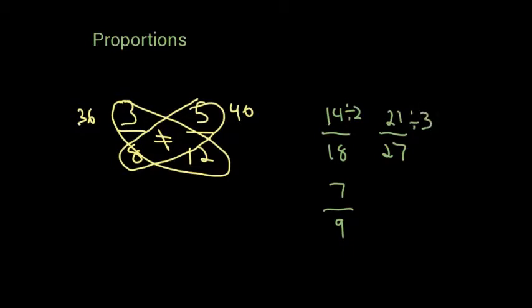So 3 goes into 21 7 times, and 3 goes into 27 9 times. And I can see that those are equal, so that does form a proportion. Now, just to prove the cross multiplication, 9 times 7 is 63, and 9 times 7 is 63. So you can see that cross multiplying, you would get an equal answer.